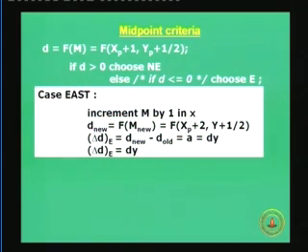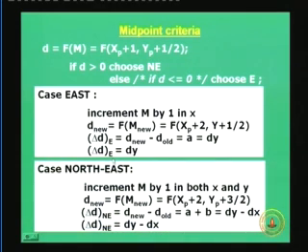Okay, and we know in brief again, in the case when we have chosen east, what we have to do is the following steps: increment m by 1 along the x direction, that is, the x coordinate of the midpoint is incremented by 1. This gives us the new value d new, and that is obtained by incrementing d old by a value dy. We know that delta d east, which is d new minus d old, which we have derived already, is equal to a, which is dy.